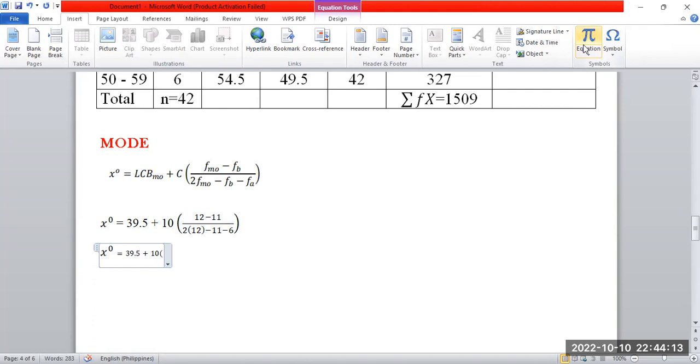And then 2 times 12, that is 24. Ito nasa lower part. So 24 minus 11, 13 minus 6, that is equal to 7. So we have 1 divided by 7. That is 1 over 7, or in decimal, that is 0.4142.